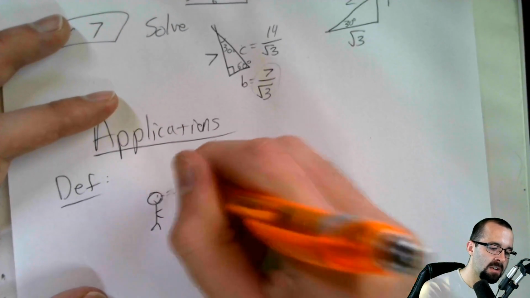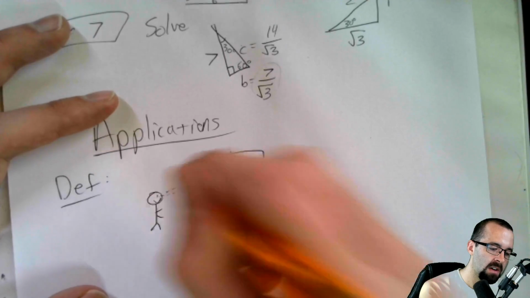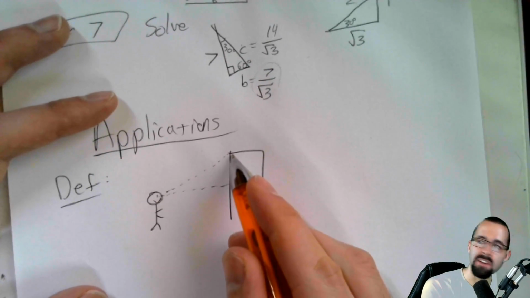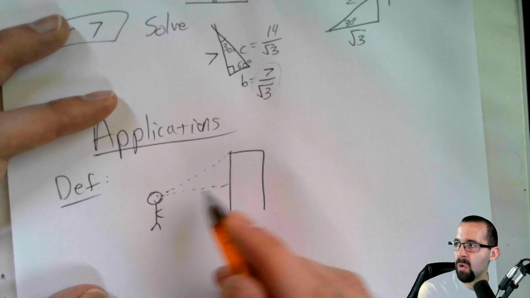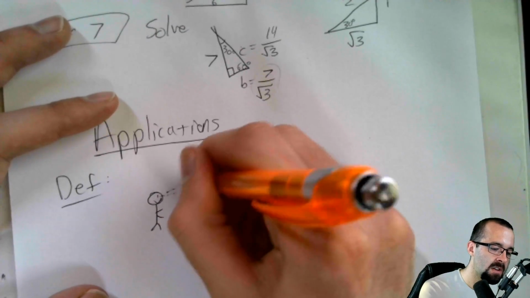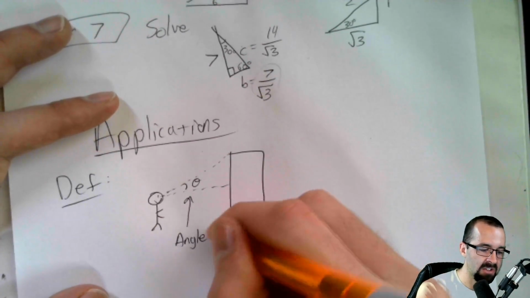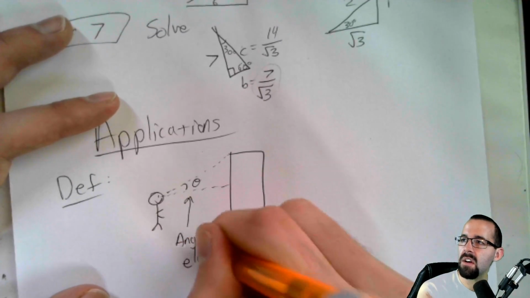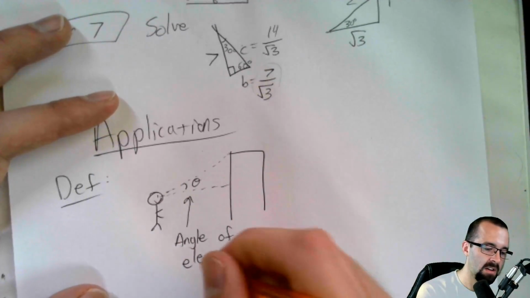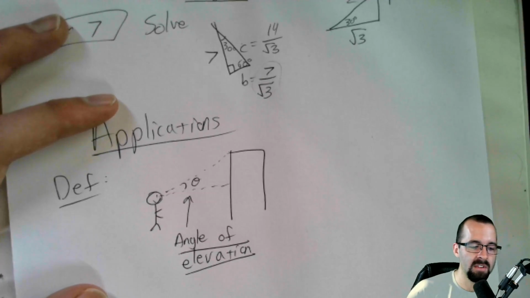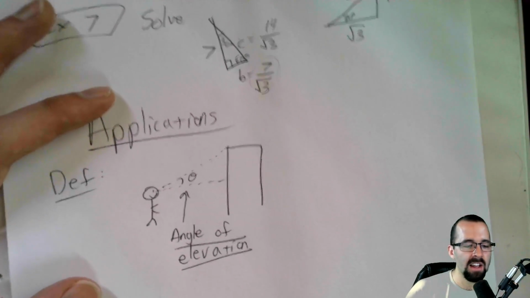The angle that your eyes make with the top of the building and the horizontal, this is called the angle of elevation. So that's a good definition.